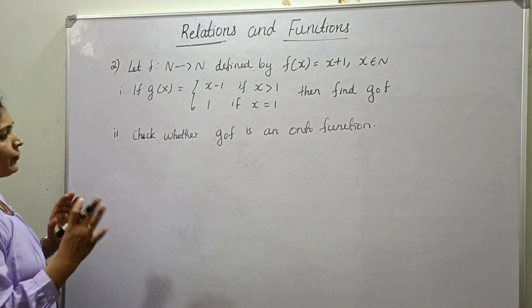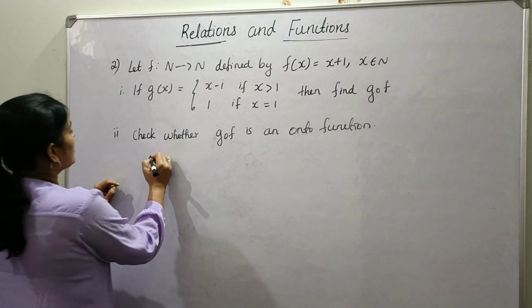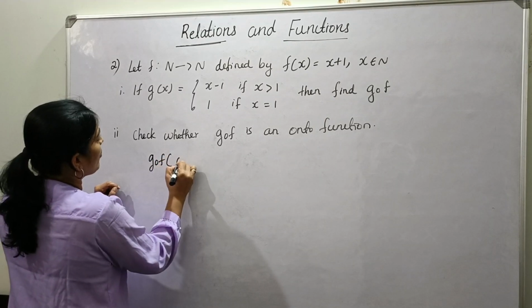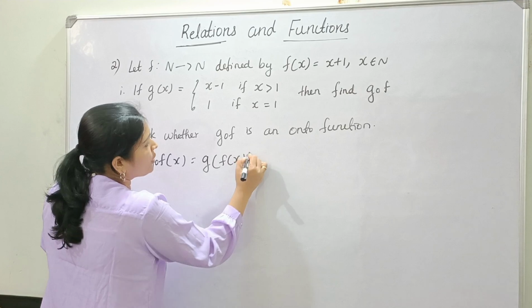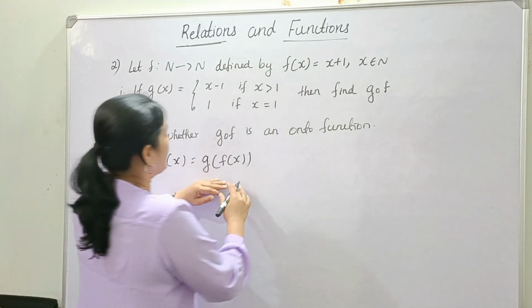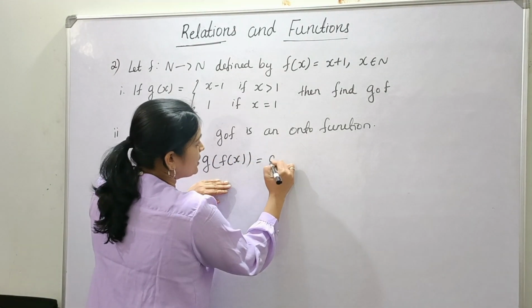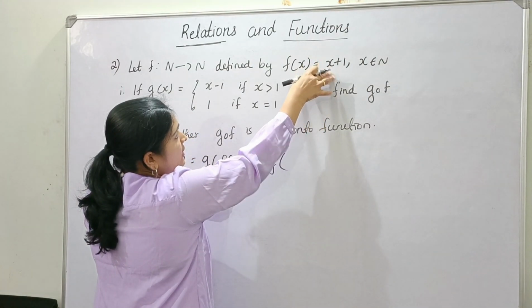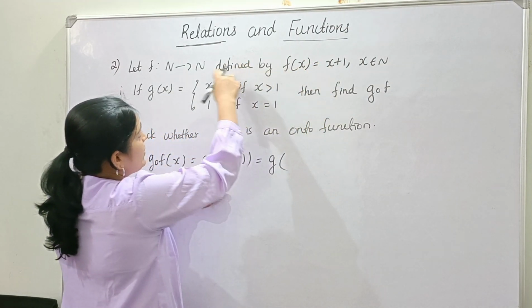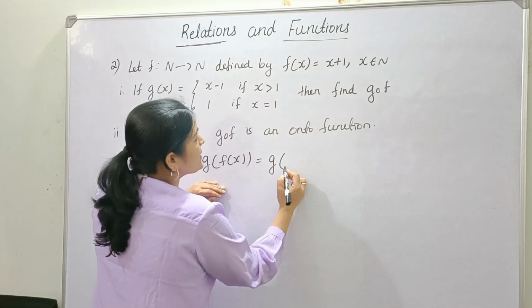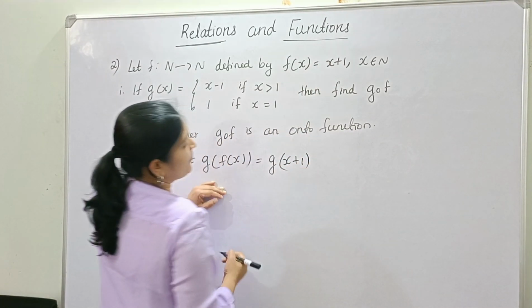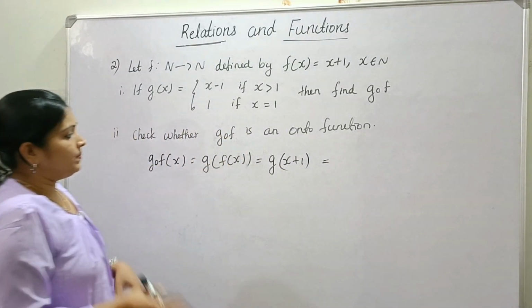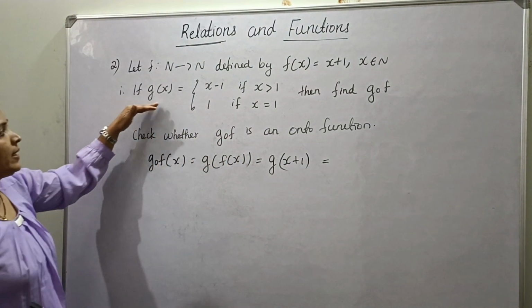So here, first of all, let us find g composite f. g composite f of x is equal to g of f of x according to the definition. Here f is defined by f(x) = x + 1, so it is g of (x + 1). Now, what is g of (x + 1)?